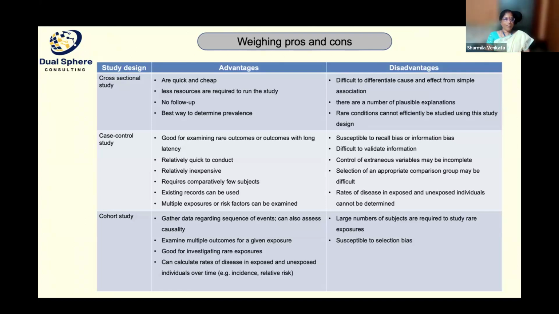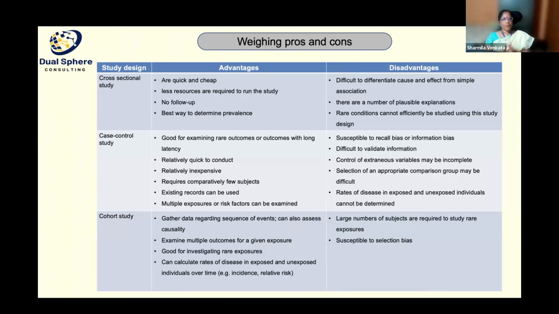If it comes to cohort studies, the advantages are that cohorts allow us to track the sequence of events, starting with exposure, then observing outcomes. This makes it possible to study causality, and they allow examination of multiple outcomes from the same exposure.